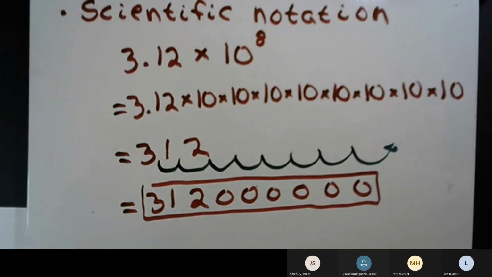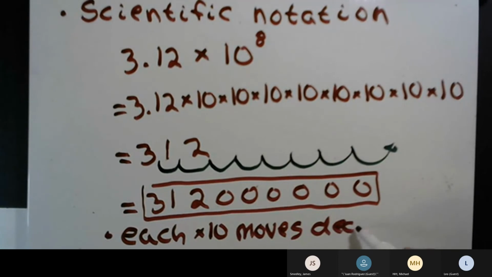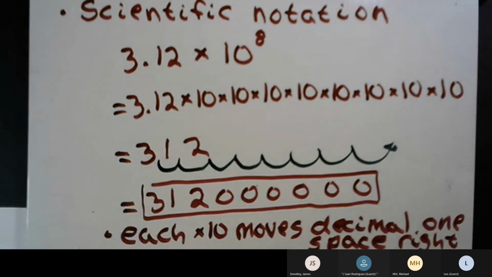And again, the reason this comes up is that each times 10 moves the decimal one space right. So any questions about that?